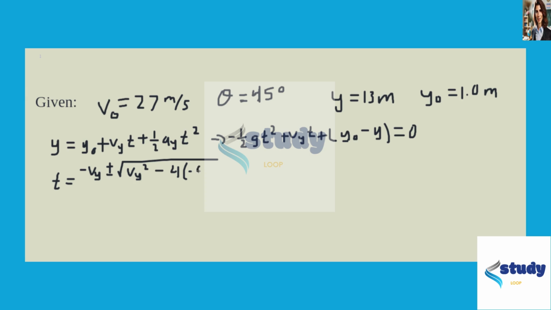Minus g over 2 times y naught minus y. Okay. Make that look more like a parenthesis. There we go. Extend the square root to include all that. And all that's going to be divided by 2 times minus g over 2.